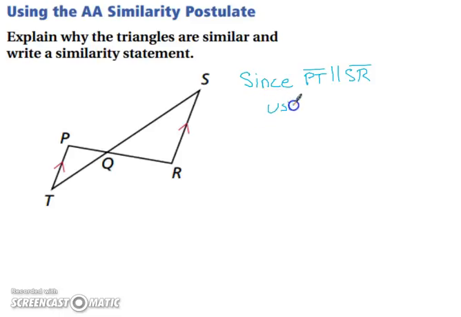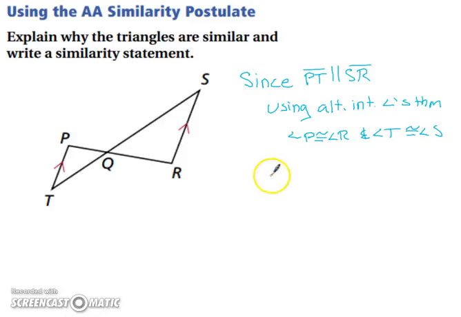So using the alternate interior angles theorem, we can state that angle P is congruent to angle R and angle T is congruent to angle S. Well, since two angles are congruent, we can state that triangle PQT is in fact similar to triangle RQS by angle-angle similarity.